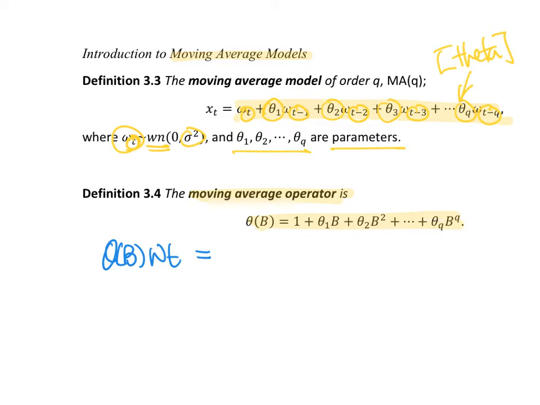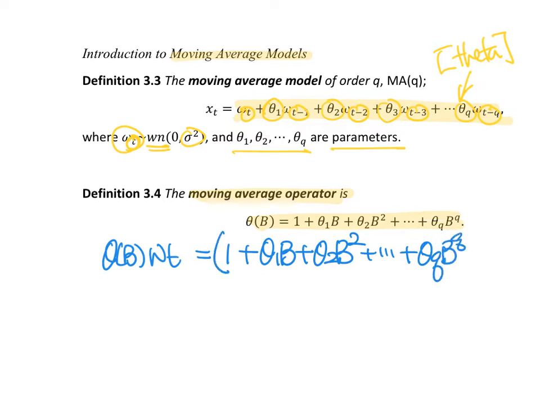It will be the same as 1 plus theta 1 B plus theta 2 B square up to theta q B^q, times the white noise. Now we can take the multiplication.